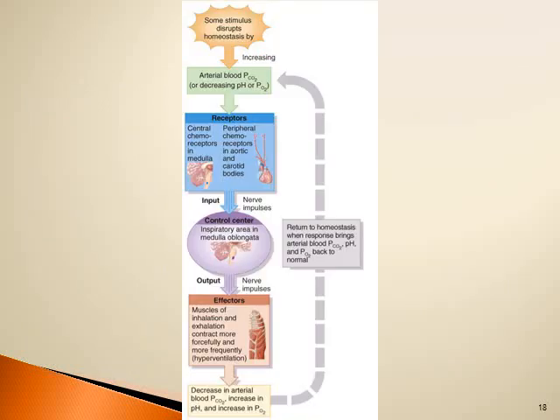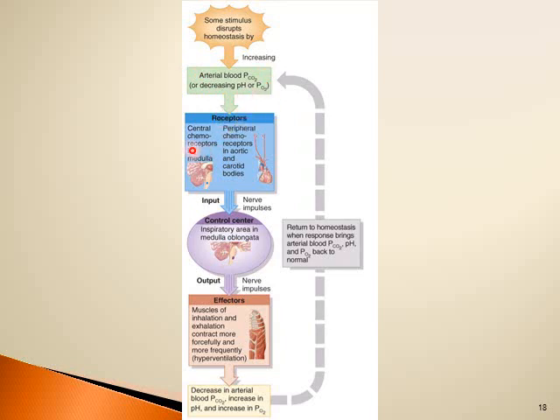Here we can see the negative feedback system, or the reflex loop, that controls the respiration in response to arterial carbon dioxide or changes in the arterial pH or oxygen. So the stimulus is an increase in the arterial partial pressure of carbon dioxide or a decrease in the pH or oxygen in the blood.